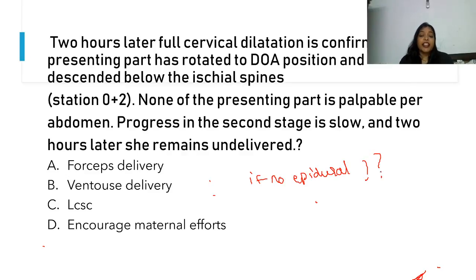Very good, excellent. If no epidural, forceps will be our answer. Raghu, can you tell me why you chose forceps as the answer? Why not vacuum? Why not ventouse?